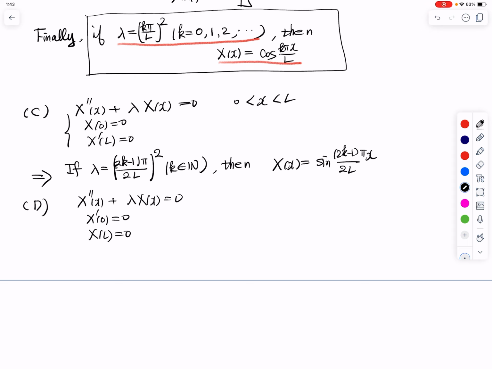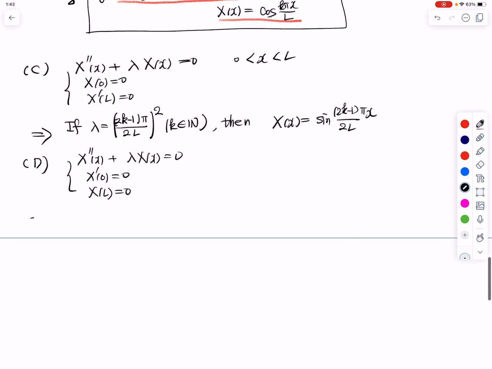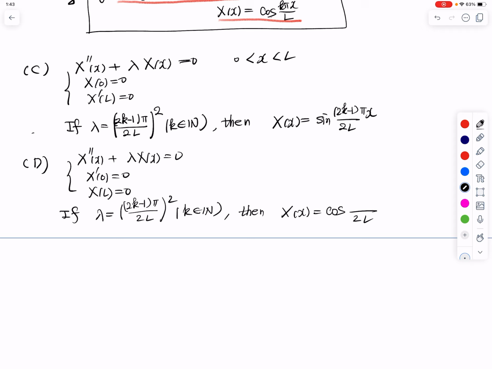So in that case, lambda equals again ((2k minus 1) pi divided by 2L) squared, k an integer, then X(x) now should be cosine of (2k minus 1) pi x over 2L.